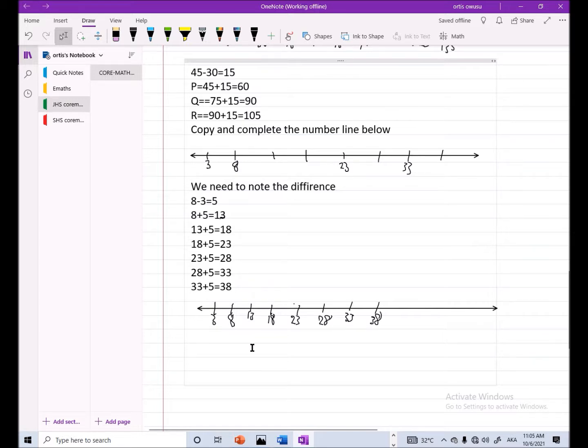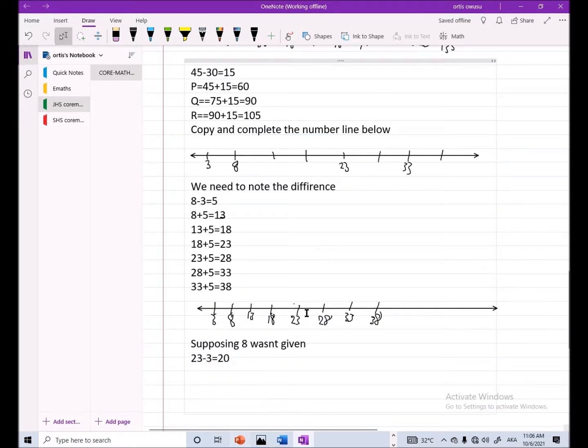Now let's see, we are supposing that the 8 wasn't given. So what we're going to do is subtract 23 minus 3, which will give us 20.